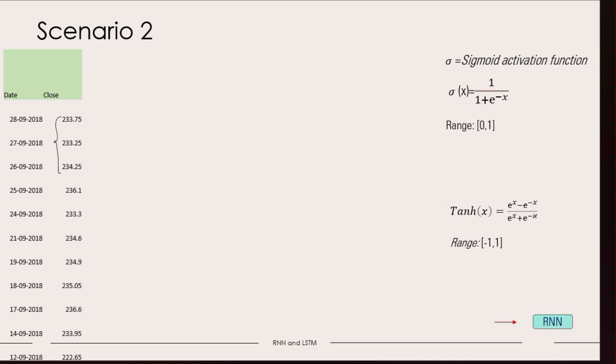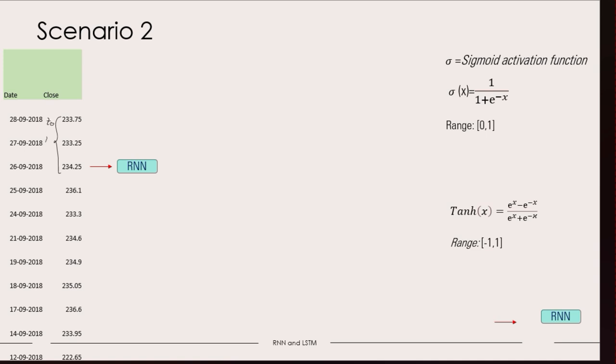So in RNN, I will start from the bottom. Here I am feeding my first data, which is from the 26th. Let's assume this data is my current data, meaning T0. T0 is my current data.